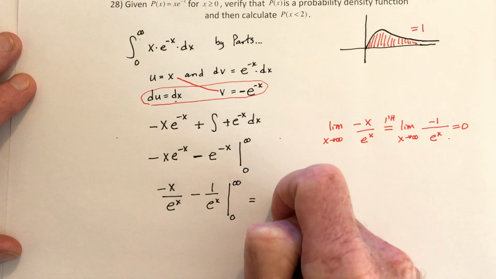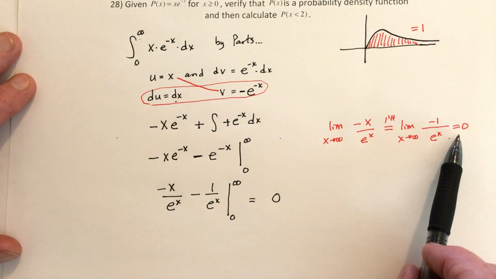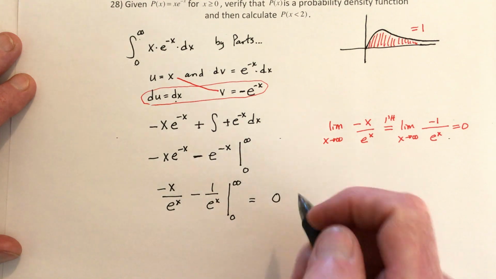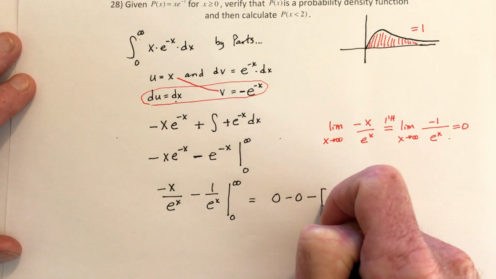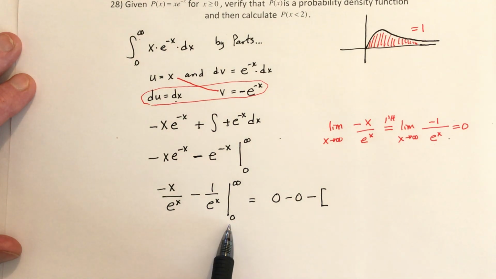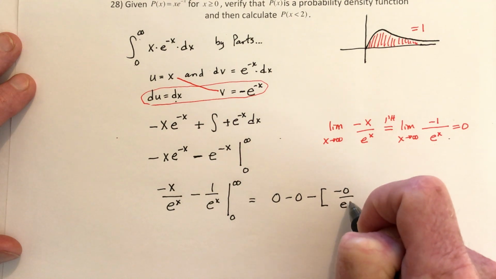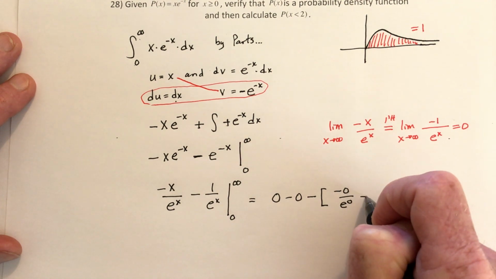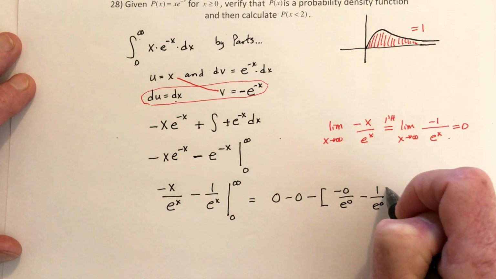Then use the infinity right here, and that's basically what we just did over there to see that that's 0. So then this would be a 0 as well. And then minus, when you substitute the 0, this is going to be negative 0 over e to the 0, and then minus 1 over e to the 0.